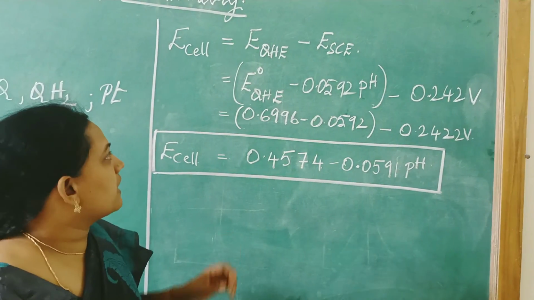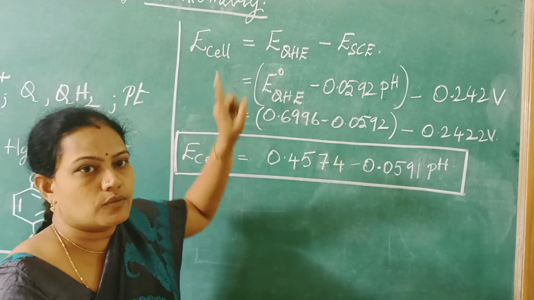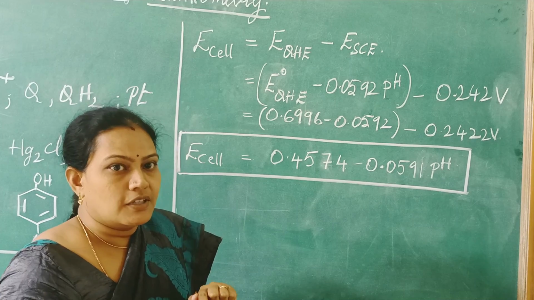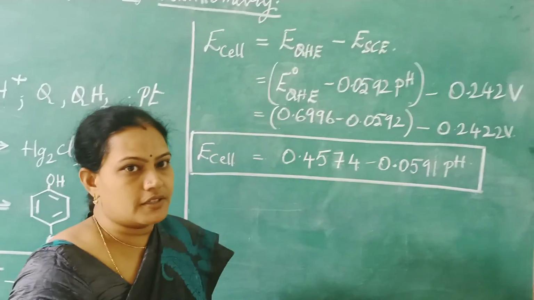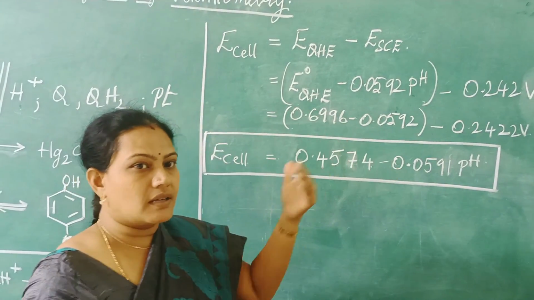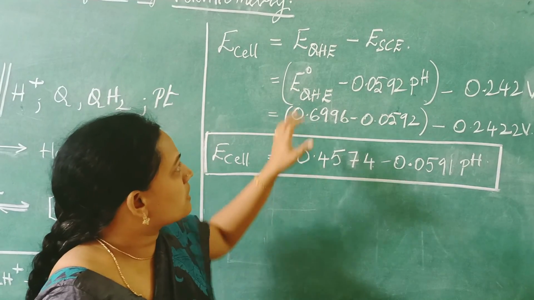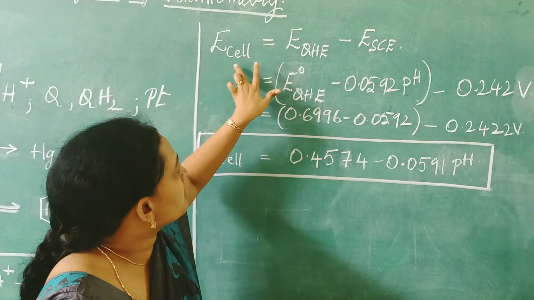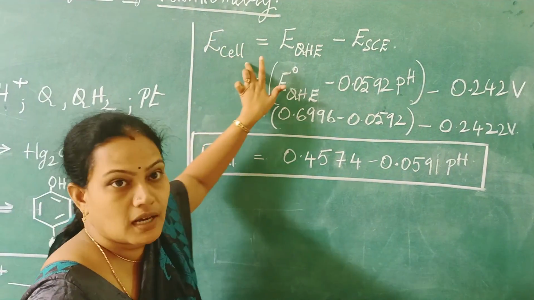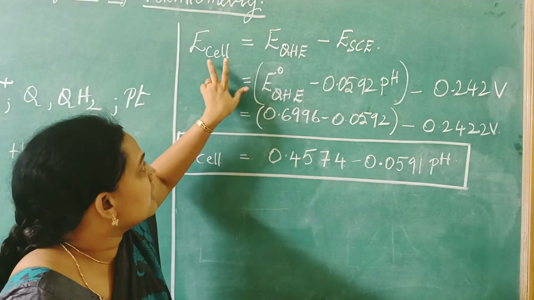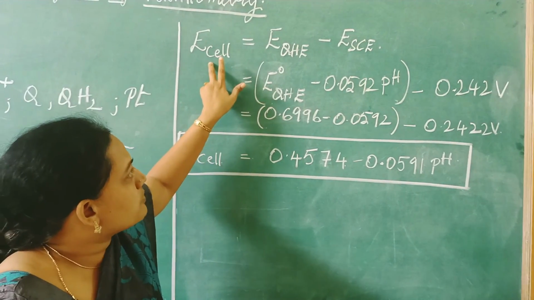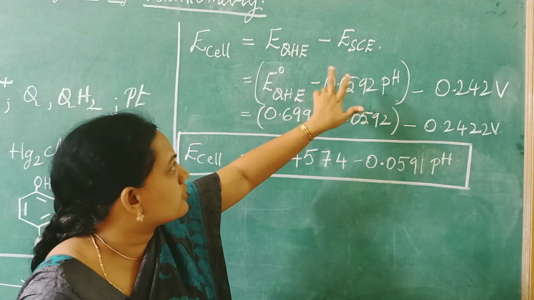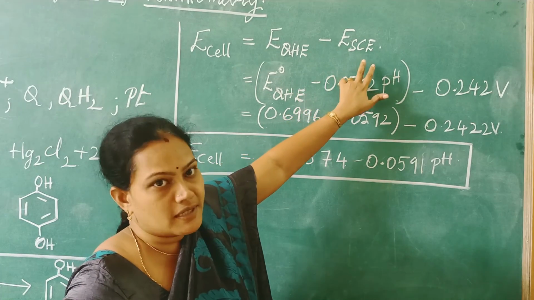From the E cell, we derive the concentration of the H plus ions. So we have the E cell values that are obtained on the potentiometer during the course of the titration, that is base against the acid. We observe that there is difference in the values of E cell occurring. Now what is this E cell actually? The difference between the reduction potentials on the right hand side minus left hand side electrode.